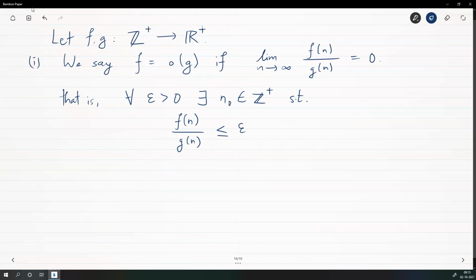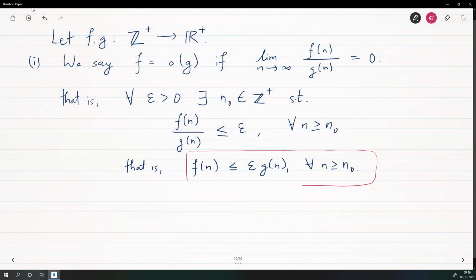So let's go to less than or equal to epsilon for all n greater than or equal to n naught. But what does that mean? This means that f of n is less than or equal to epsilon times g of n for all n greater than or equal to n naught.